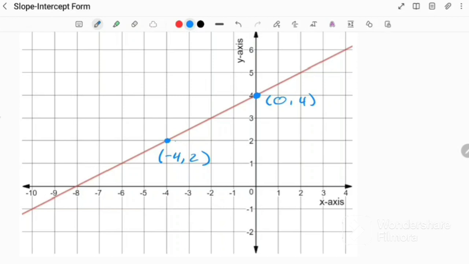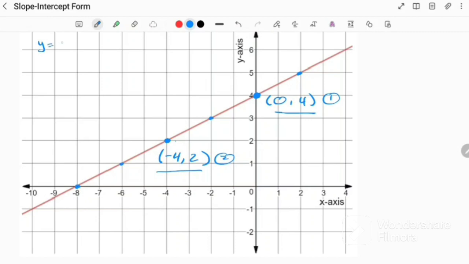You could have just as easily picked this point, which is x is negative 8, y is 0. You could have picked this point, or any other one. We're going to use this and this. Let's call this 1. Let's call this 2.